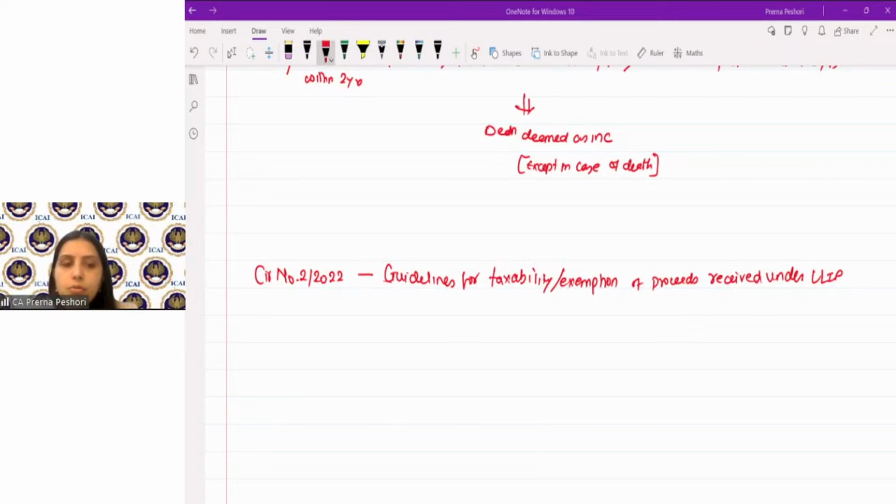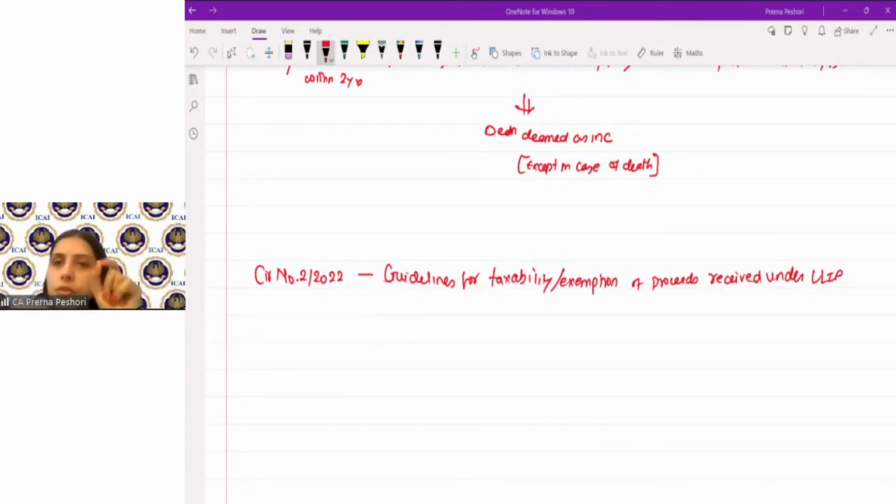That is what the guidelines provide. Situation 1: during the year, no consideration is received on the ULIP during any previous year preceding the current year. Like before this year, you have not received any consideration, or even if you have received any consideration on the ULIP, it has not been claimed exempt.